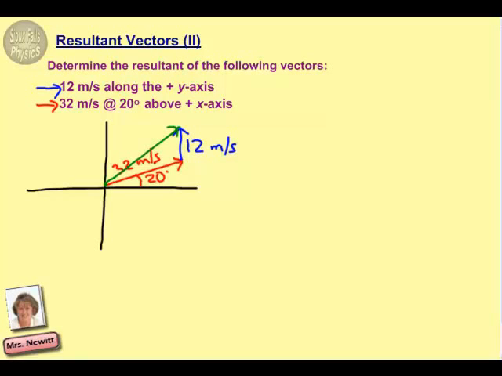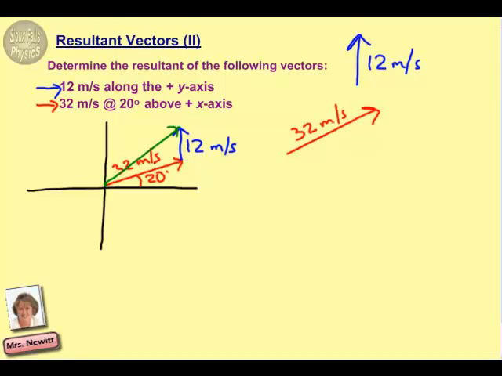Notice that our first vector, the 12 meters per second, is pretty simple to work with. It's in the straight vertical direction, so it doesn't have any horizontal component at all. It just has a vertical component in the upwards direction of 12 meters per second. Our second one, though, the 32 meters per second, is really taking us in both directions.